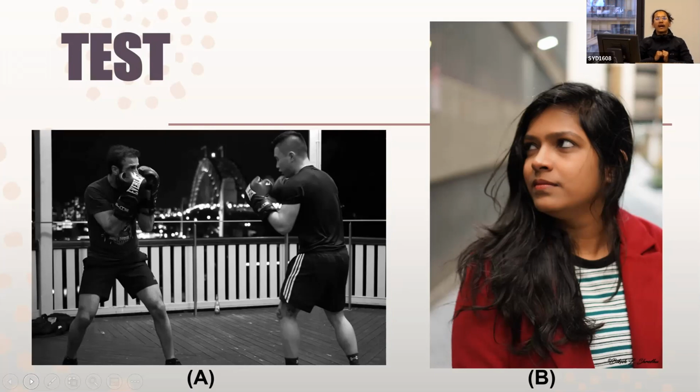Now, I just wanted to have a test here. We have two images, image A and image B. I would like you guys to write down in the chat box which of the things that I just studied about composition is followed in these two images. All right, let's type down in the chat box.